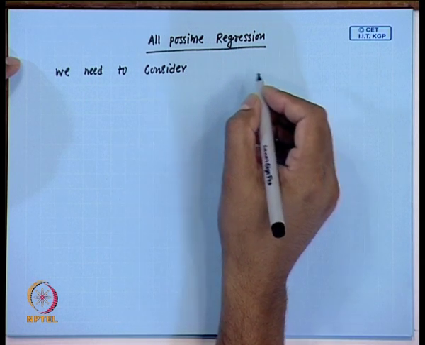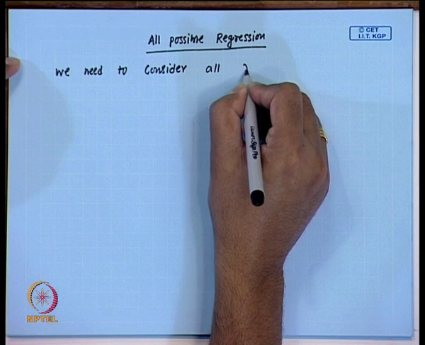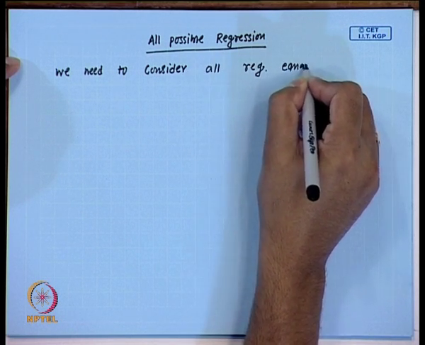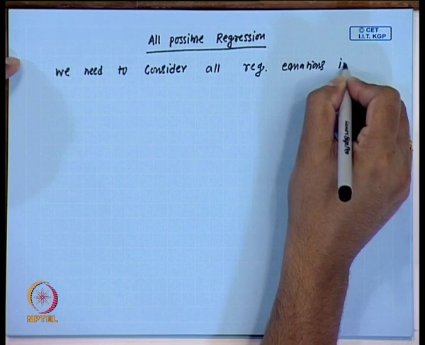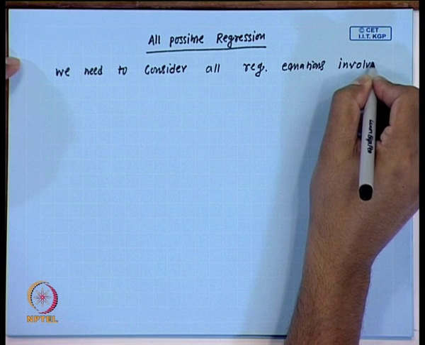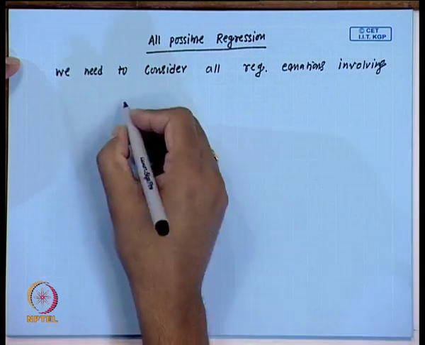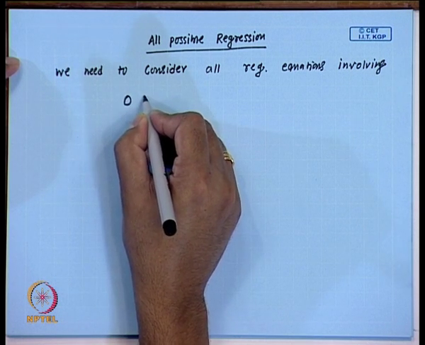All possible regression. Here we need to consider all regression equations involving 0 regressors.